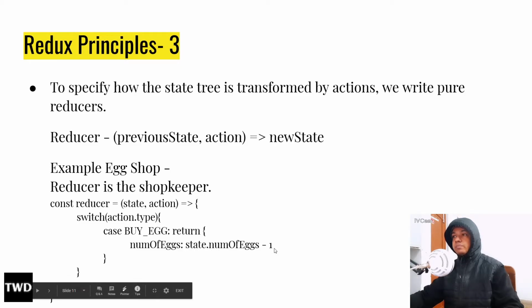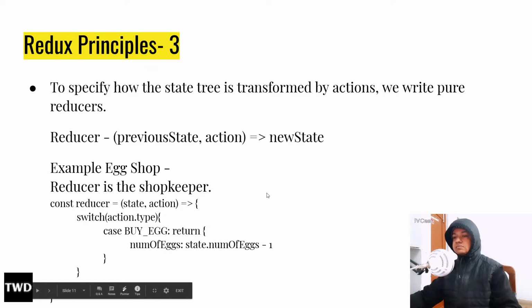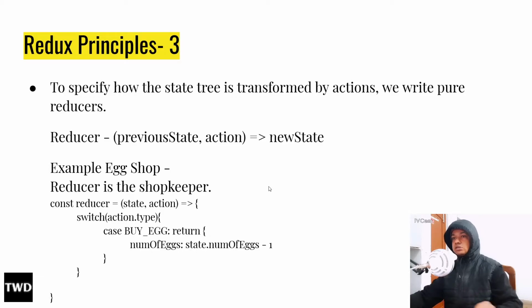The shopkeeper gives us the egg, so he will reduce the number of eggs from his shop. So this is known as a reducer. In our shop example, the reducer will reduce it from the number of eggs and give it to us. So the reducer is the shopkeeper.